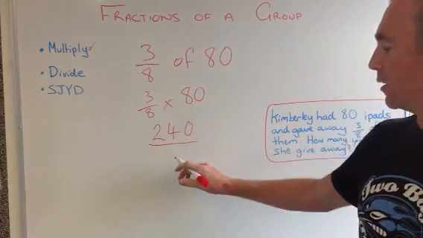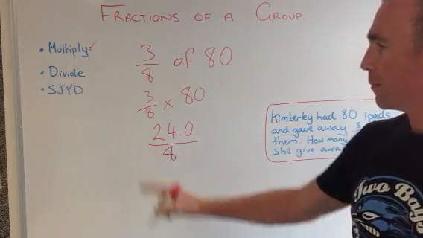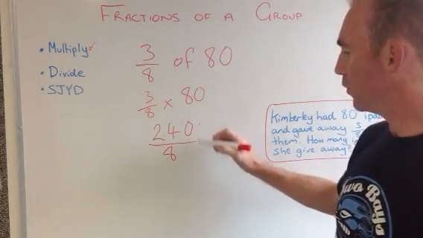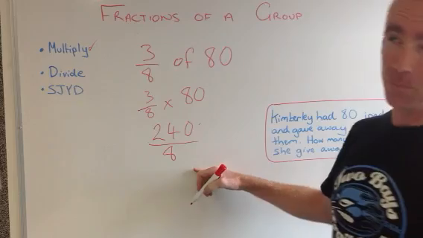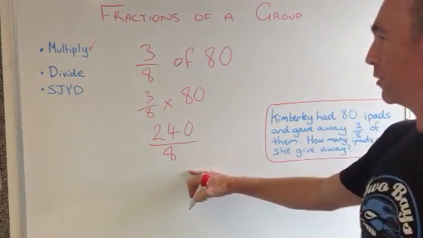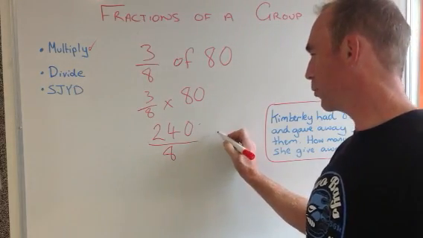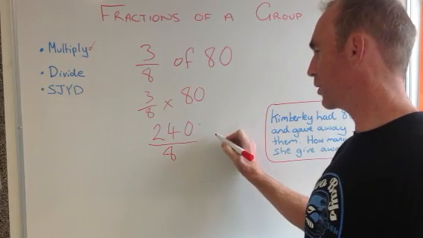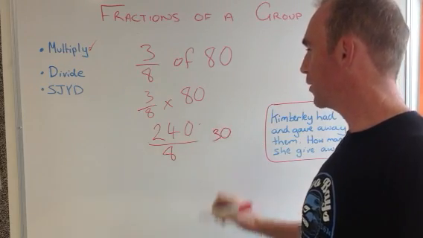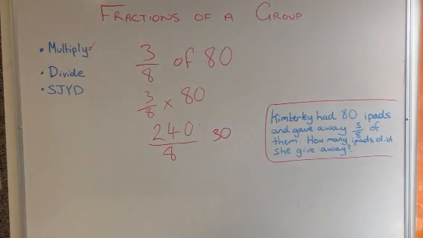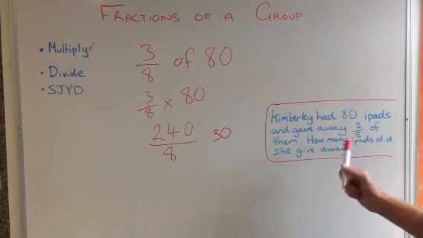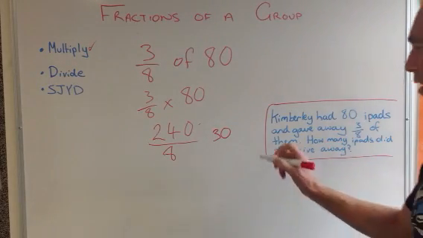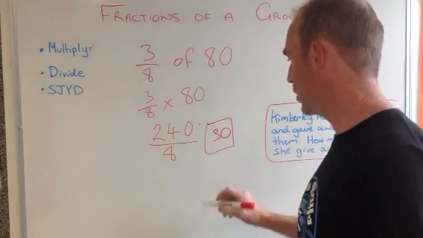And this 8, the denominator stays the same there. We then divide. 240 divided by 8. If I had to figure that out, 240, that's 30 iPads. So she's given away 3/8 of 80 iPads. She's actually given away 30 iPads.